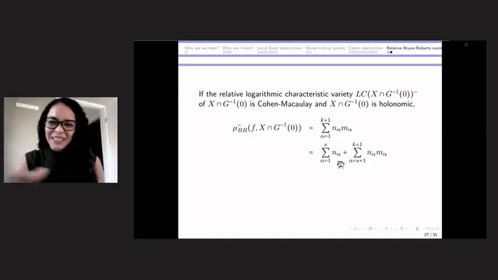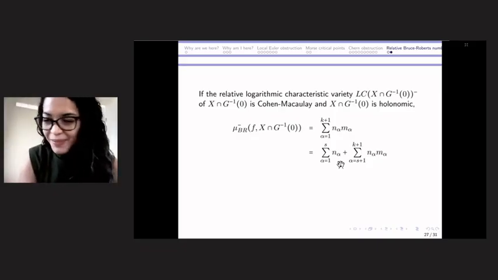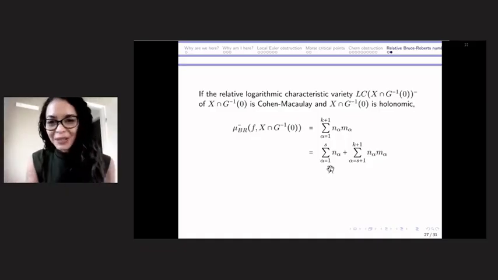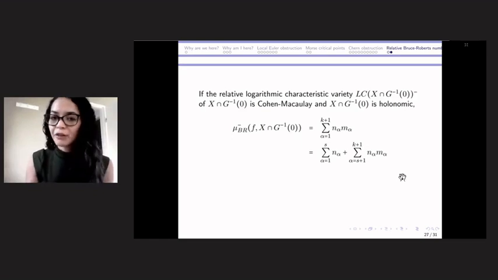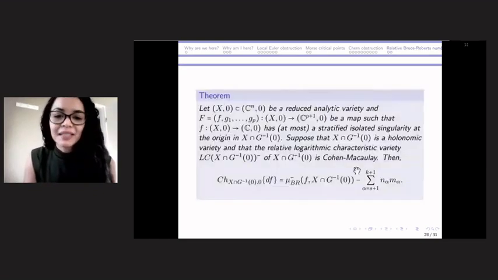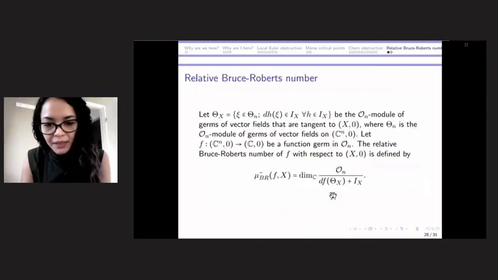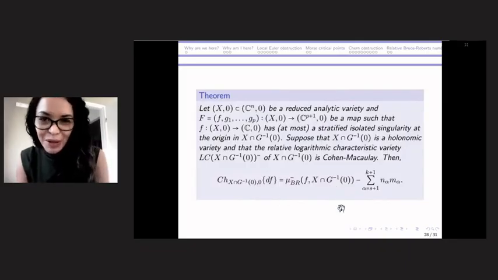Sorry, we are looking at the irreducible components. But I don't want to take too much time in here. This is what we did, right? So we have this number computing more information here, and we got this. So a relation between the Chern obstruction and the relative Bruce-Roberts number.